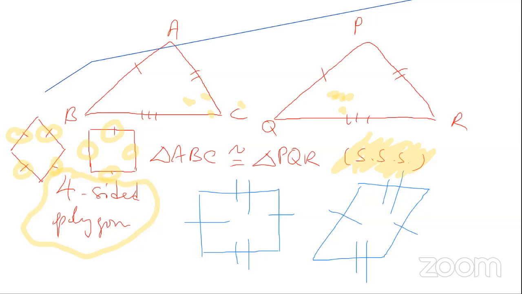When we have figures with more sides, other polygons, the case will become a bit more complicated. That's why we focus on triangles in Form 1.